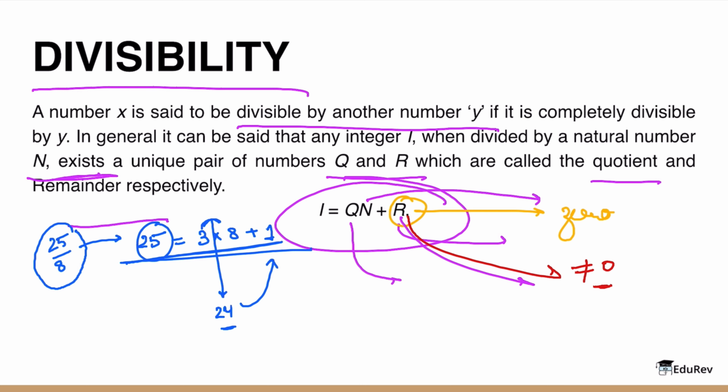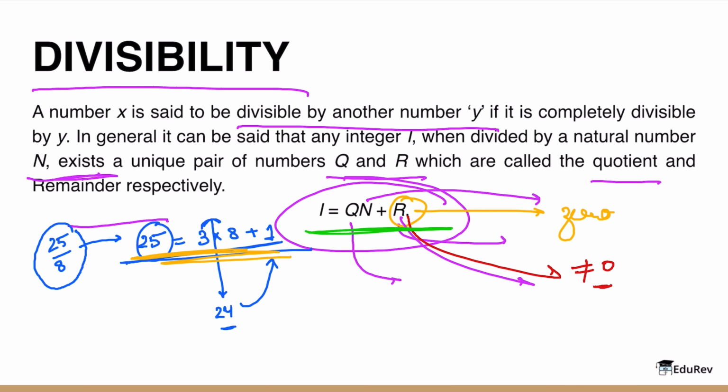That means 3 times 8 is 24 and adding 1 to 24 is going to get me what? 25. So naturally I can expand 25 in this format, correct? Now here 3 is going to be the quotient whereas 1 is going to be the remainder, and this is exactly what I was explaining to you in this.